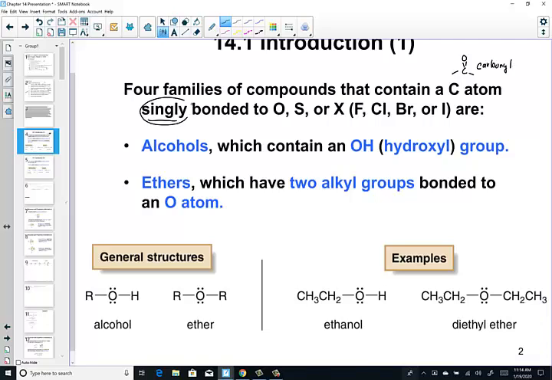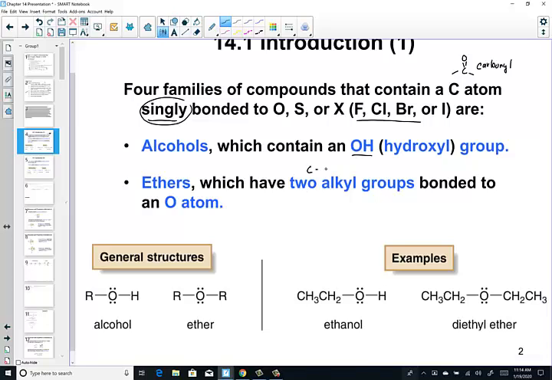So these are all single bonds from the element carbon leading out to either an oxygen, a sulfur, or one of the halogens. Alcohols are the first functional group we'll look at in detail, and we know that alcohols have a hydroxyl group as part of their chain. Ethers have two alkyl groups bonded to the oxygen atom.